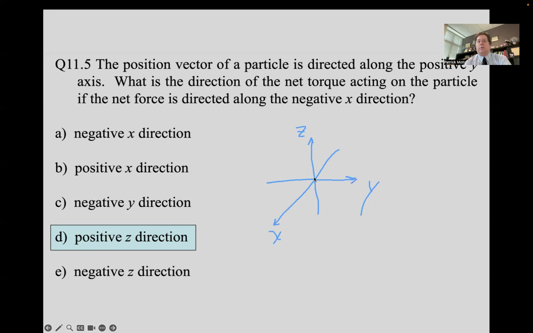So the position vector was along y. So there's r. And the force was along minus x. So there is r cross f, and we can work that out. So r cross f gives me a torque that's parallel to the z-axis. So it would point up.